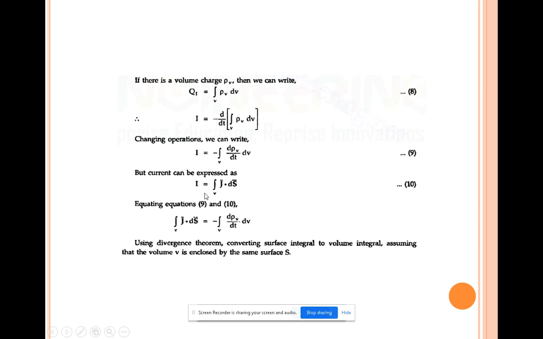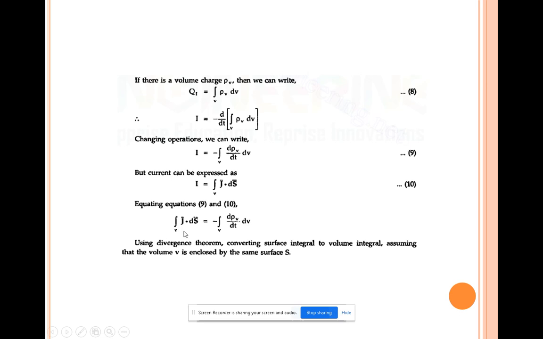Okay. So generally you can express the current in terms of current density as I equal to integral of j vector dot ds vector. Now compare both the equations, 9th and 10th. If you compare the two current equations, you can write that integral j vector dot ds vector equal to minus integral of dou rho v by dou t into dv. Use the divergence theorem.